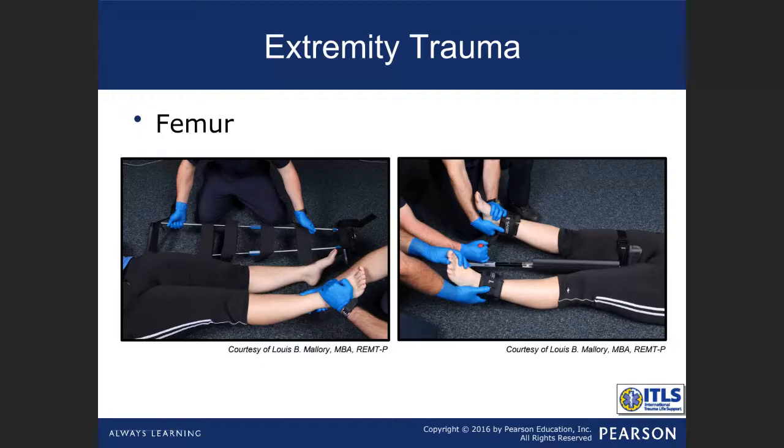But if it's within your protocol and by chance it's an isolated femur fracture, go ahead. The preferred traction splint is a Sager traction splint. The traction elevates the fracture. Two persons are required. An elevated fracture can put your patient at risk for a pulmonary embolism.